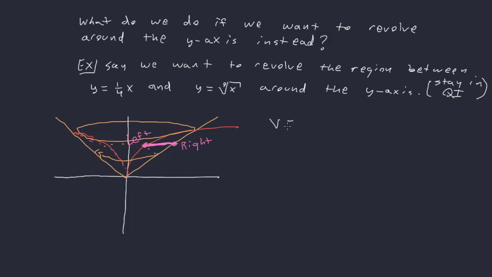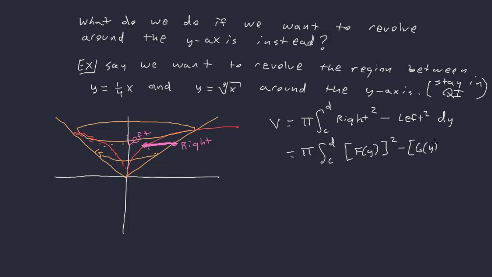Turns out the volume here is going to be pi integral from c to d of the right function squared minus the left function squared dy. So its standard definition is always like a capital F of y squared minus a capital G of y squared.